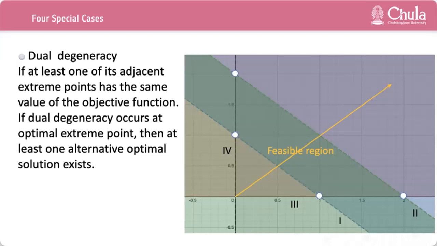All the points in the isoprofit line have the same value of objective function. So you see that we have multiple solutions here, all with the same value of objective function.